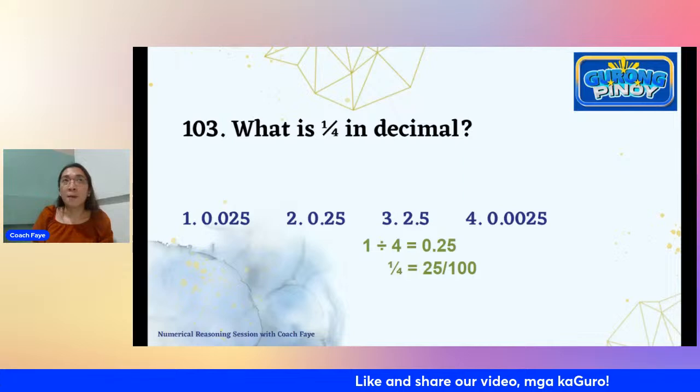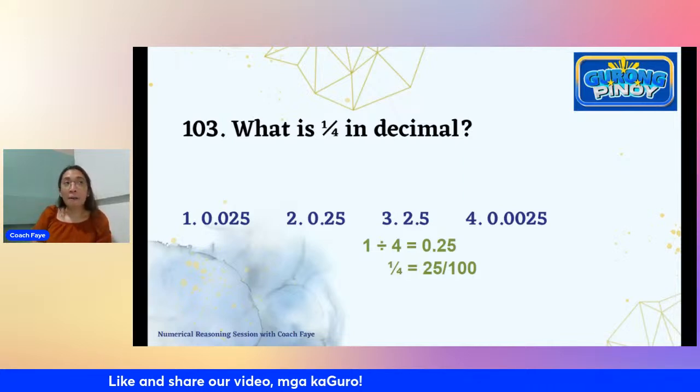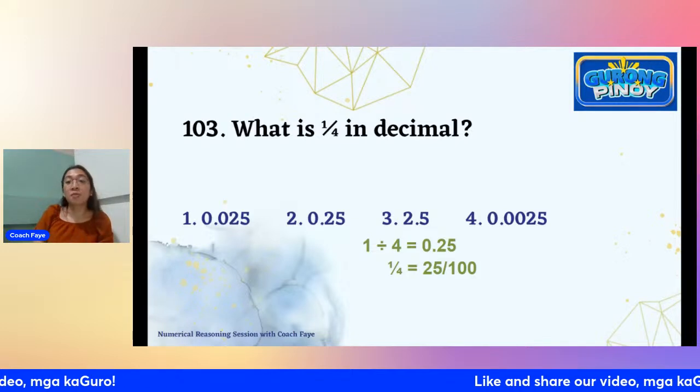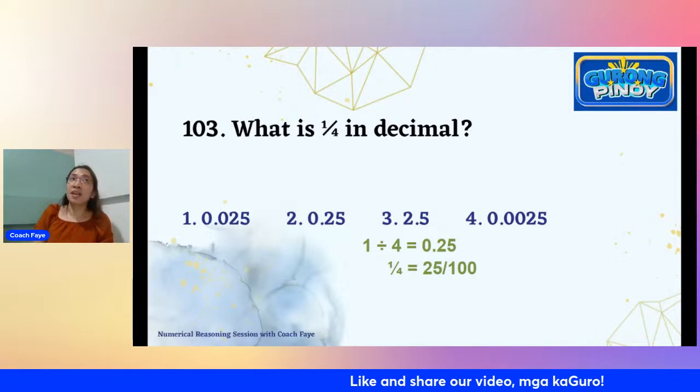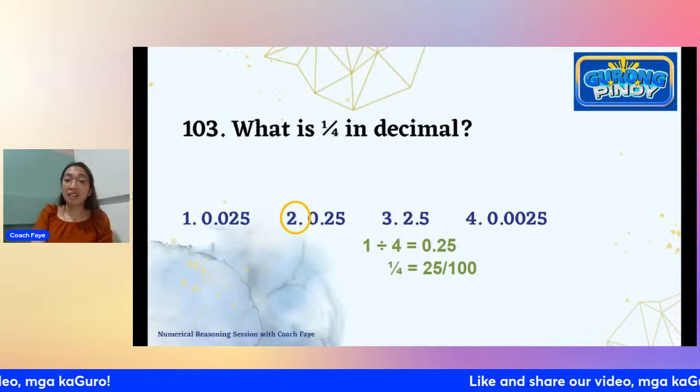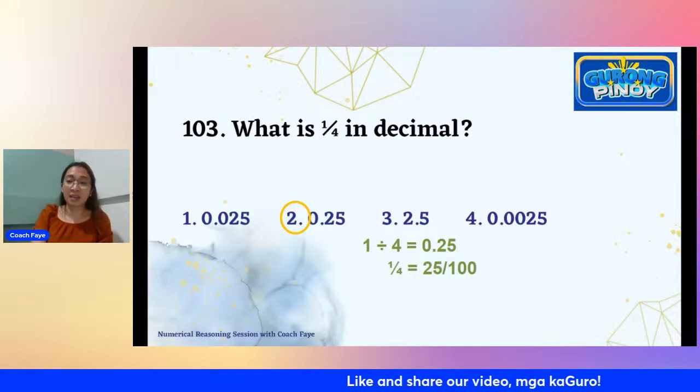As well as 1/10 is 10%, 1/5 is 20%. Familiarize yourself with these so that when you're solving in the actual examination, you'll be faster. You know there's a time constraint in the examination. You can't spend too much time on a single item. So, it's just strategy.